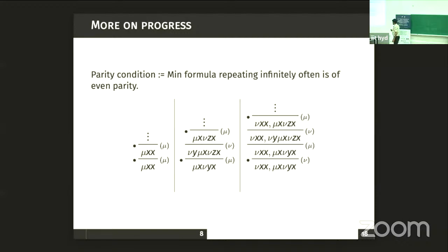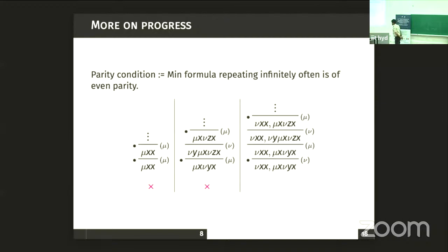Now we would like to say which of these proofs are progressing and non-progressing. This one is not, because the only formula repeating infinitely often does not have a nu, and only nus have even parity. So this one doesn't work. What about this one?